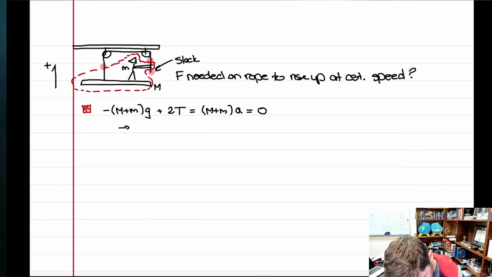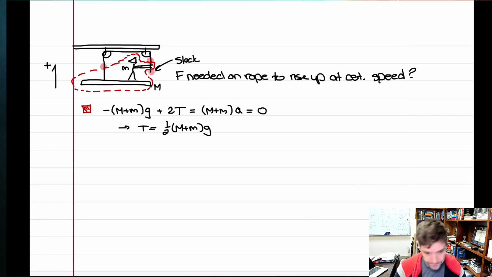It looks like in this case then that the tension is going to be 1/2 the sum of the masses times g. And then if we want to be exact, right, I could take the system of a little tiny piece of rope just as it touches my hand.